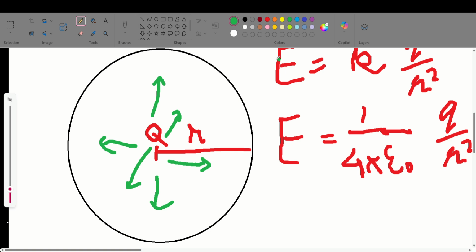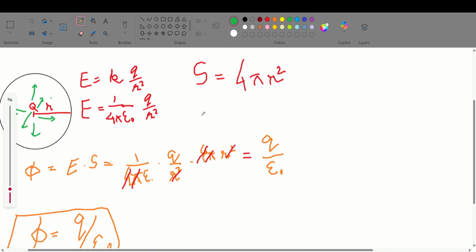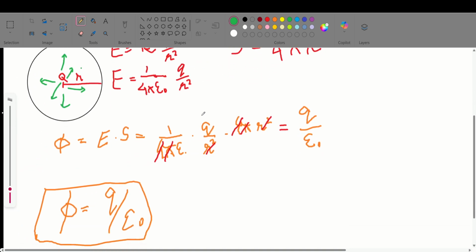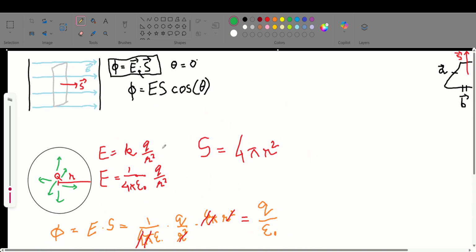Ultimately they will reach the surface of the sphere, and all of them do reach the surface. So this is essentially all of the field lines that the charge produces. It doesn't matter how big the sphere is, the number of field lines that will pass through the sphere will be the same. And the number of field lines that pass through the surface depends on the charge enclosed by the sphere, or whatever surface we take. Thank you.